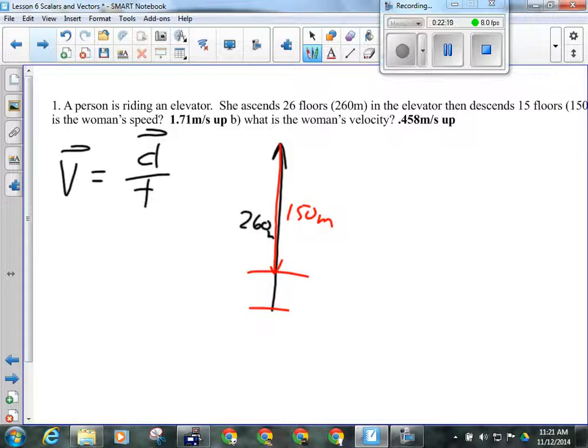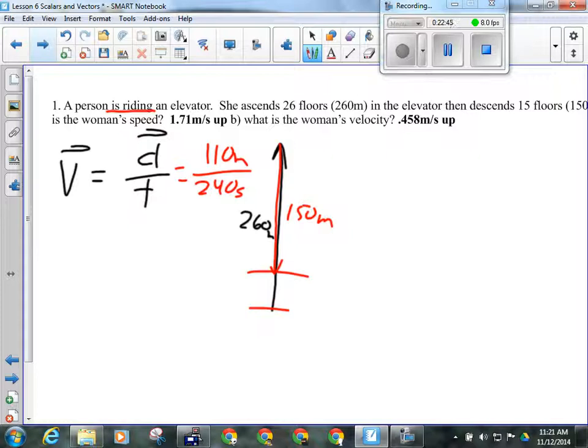Subtract the two, 260 minus 150, and that's going to give me 110 meters. So my total displacement is 110 meters divided by the total time, which they told me, got cut off here, 240 seconds. And then I should get, for her velocity, 0.458.